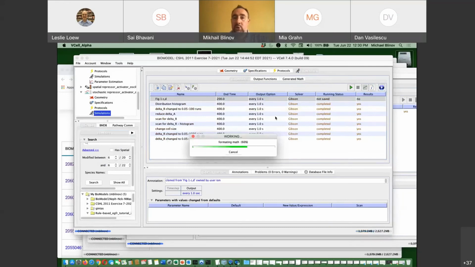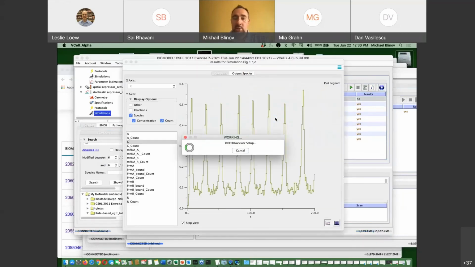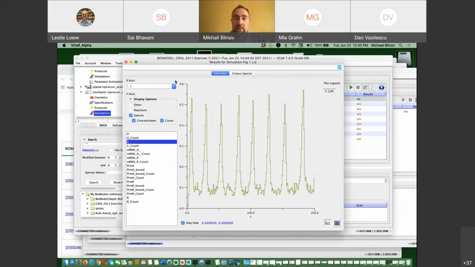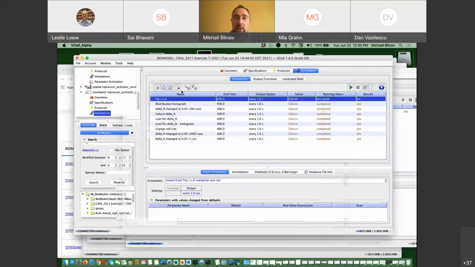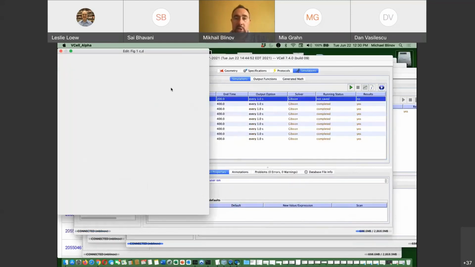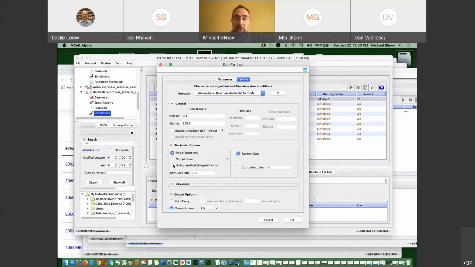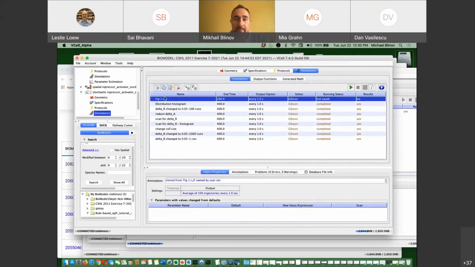Okay, so this is my stochasticity. Now I can go to the solver, multiple runs, and let's do 100.